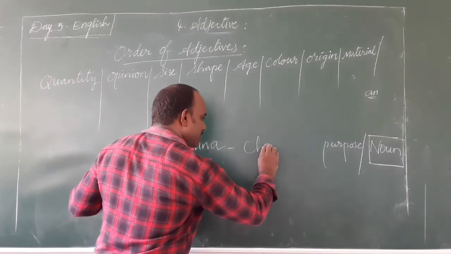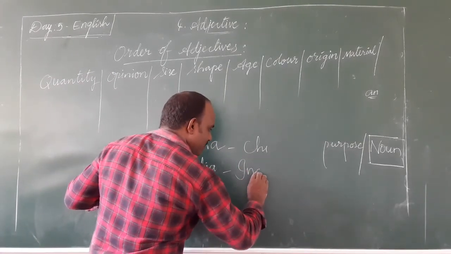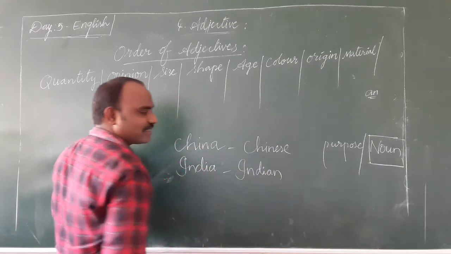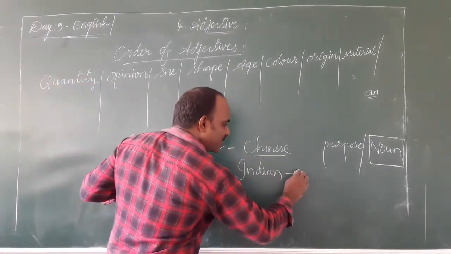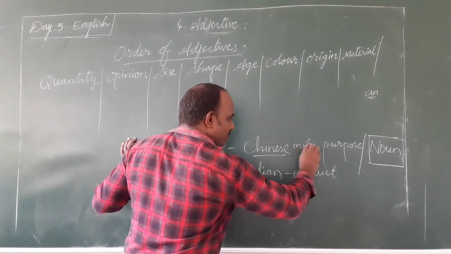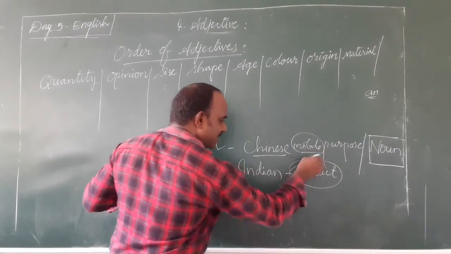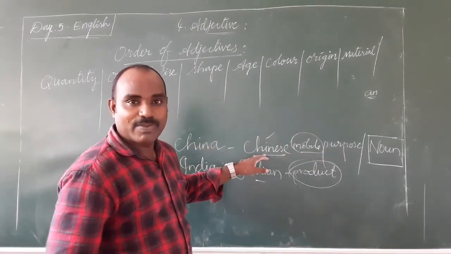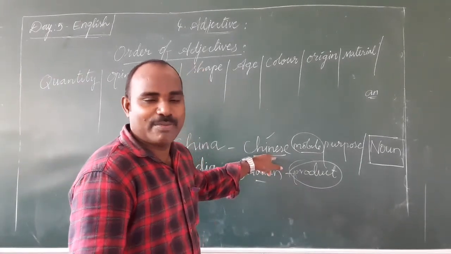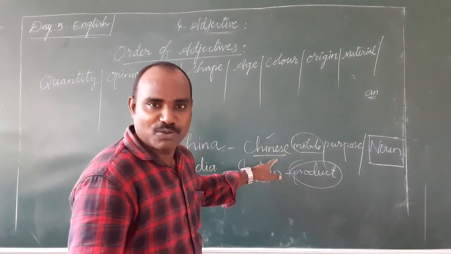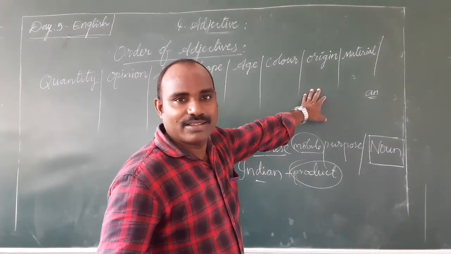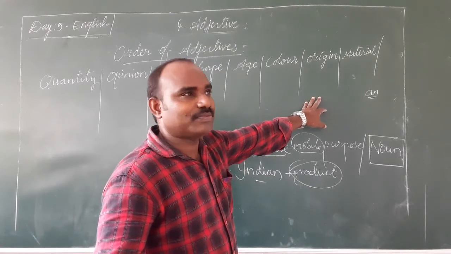We can write Indian or Chinese. So this can be Indian product, Chinese mobile. Mobile is a noun, product is a noun. These are proper adjectives. Adjectives can be formed from proper nouns also. So here, origin means the birthplace, like England, English, French, Indian, etc.